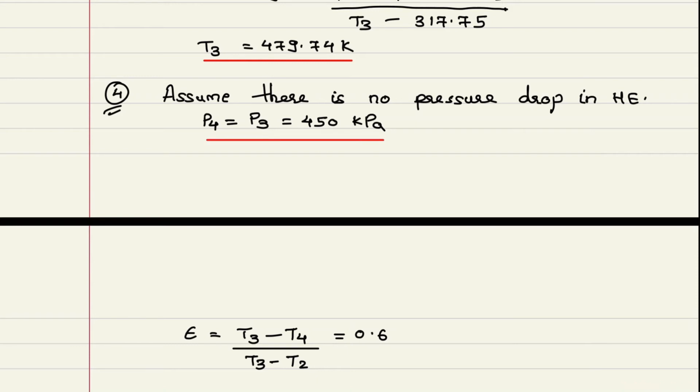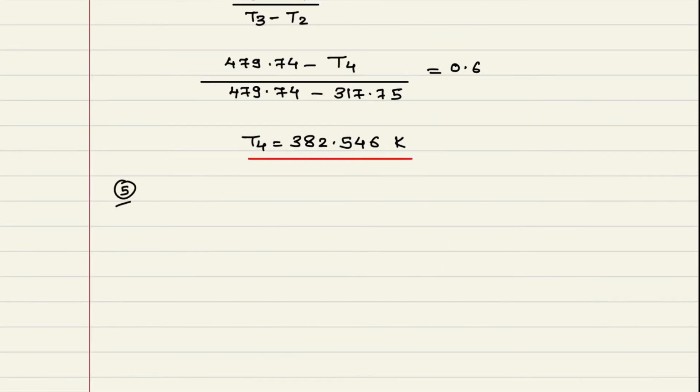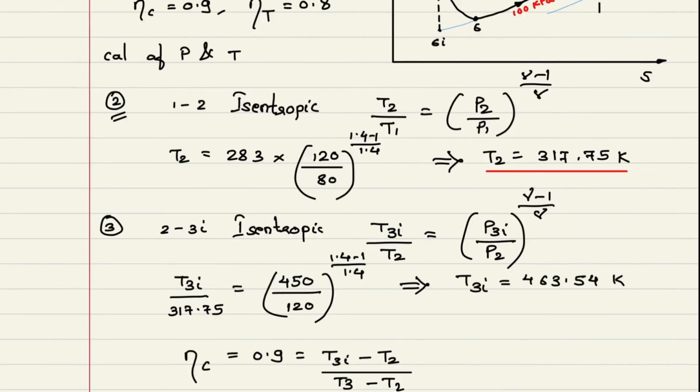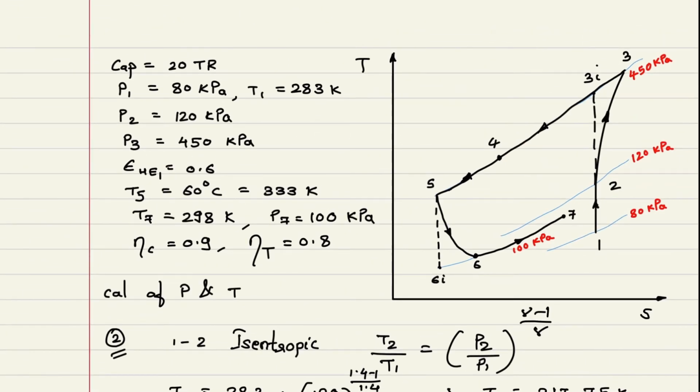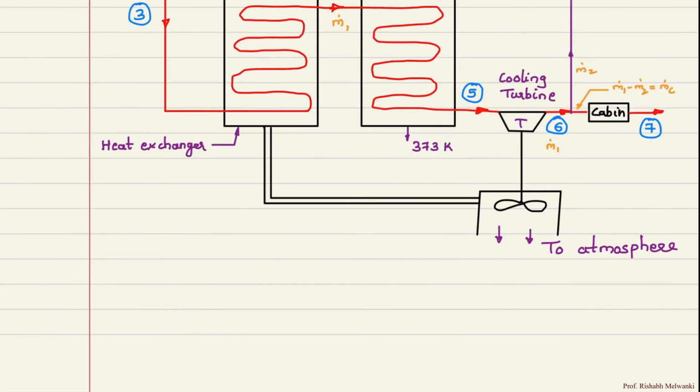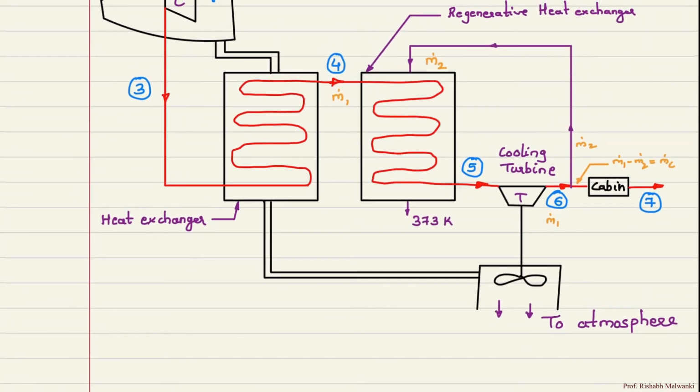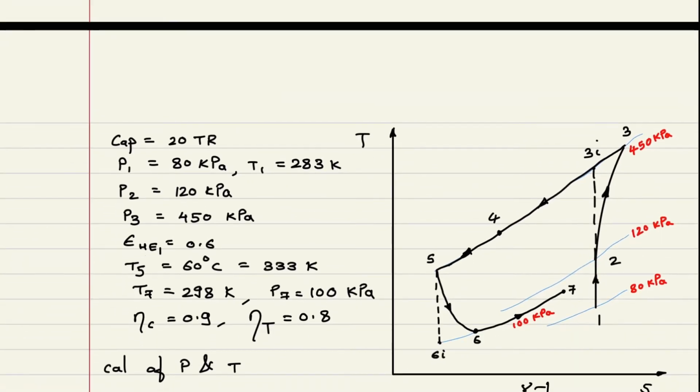Now next is point 5. What is this point 5? This point 5 is the exit of the regenerative heat exchanger, so we'll see the schematic also. For the pressure of point 5, we have to assume that there is no pressure drop.